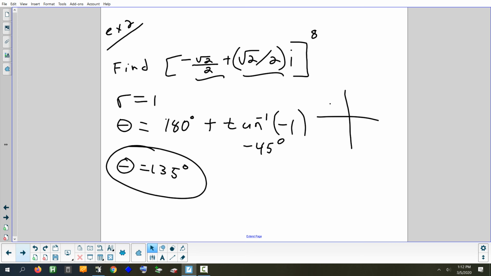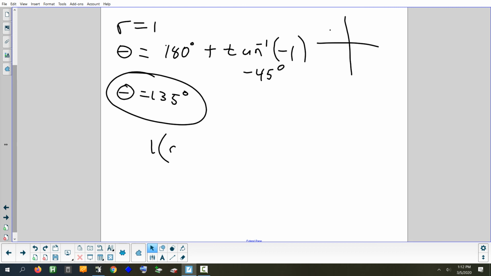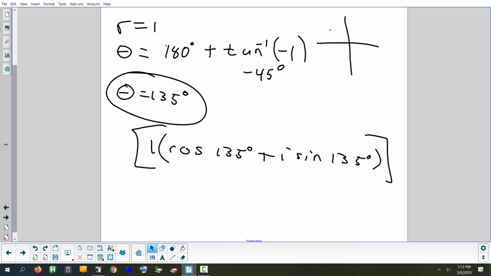Okay, that's the hard part. So now we've got it in trig form. Since it's a 1, we don't even really need it, but let's just put it. Cosine 135, I sine 135. And what power are we raising it to? 8th.